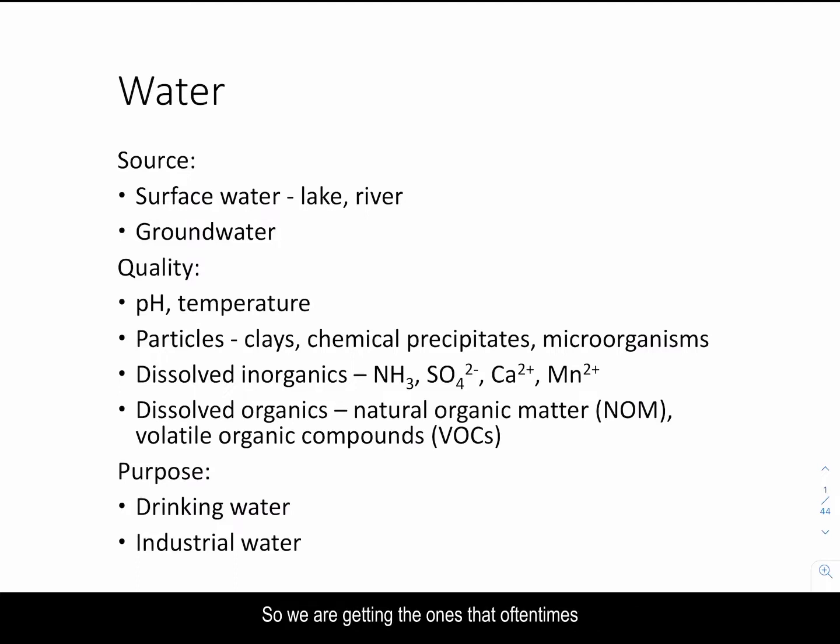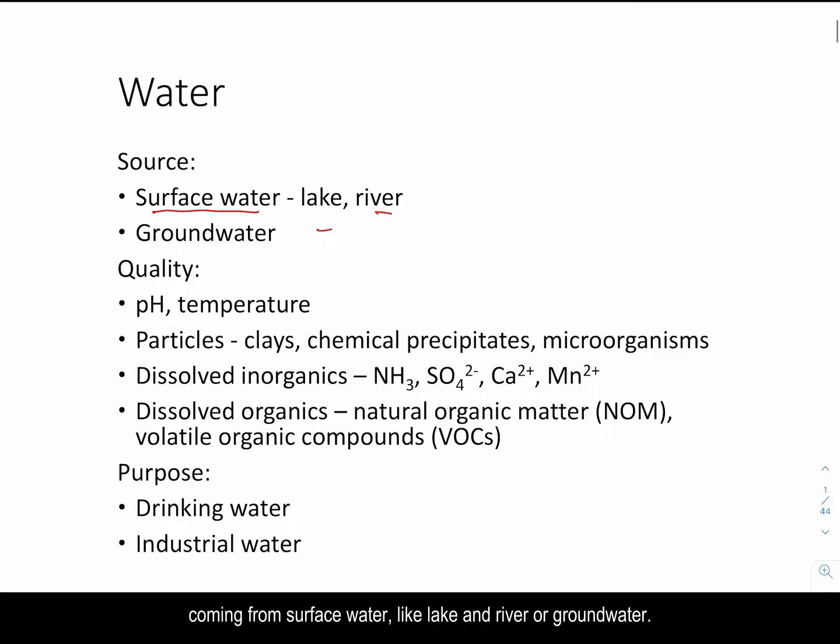So we are getting the ones that are oftentimes coming from surface water like lake and river, or groundwater. And its quality obviously depends. So we also talked very briefly about how water quality needs to be suitable for our use, whatever that is, whether it's for drinking, industrial use, agriculture, and so on.